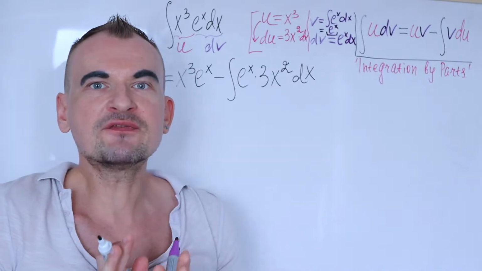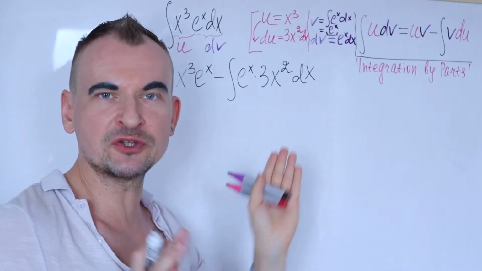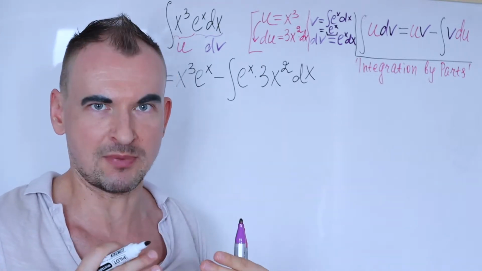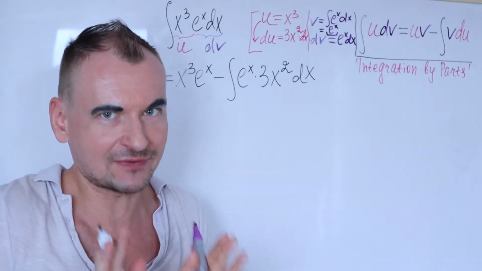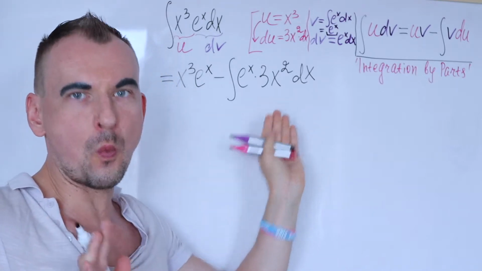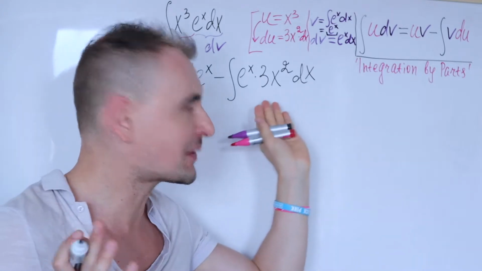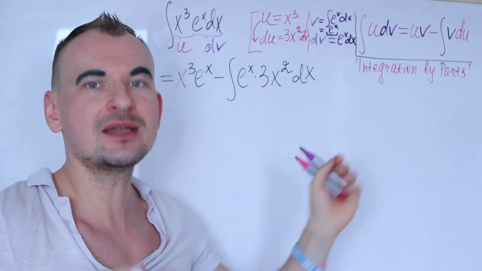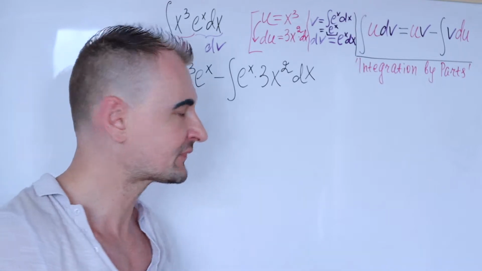Well, to be perfectly frank with you, sometimes at this point your integral is solvable, it's integrable, so you can take it, and at this point you are the lucky one. In this case, no, we cannot. But what we can do is, surprise, surprise, apply the integration by parts formula again, a second time. Let's do it.